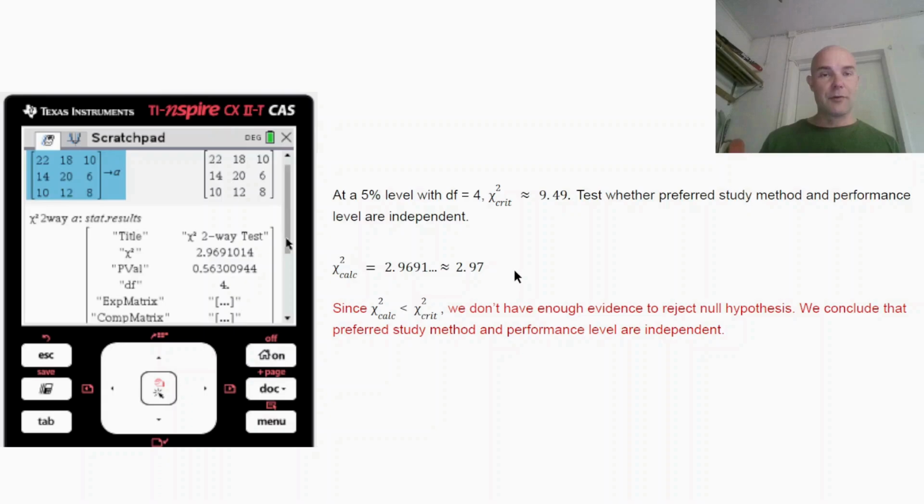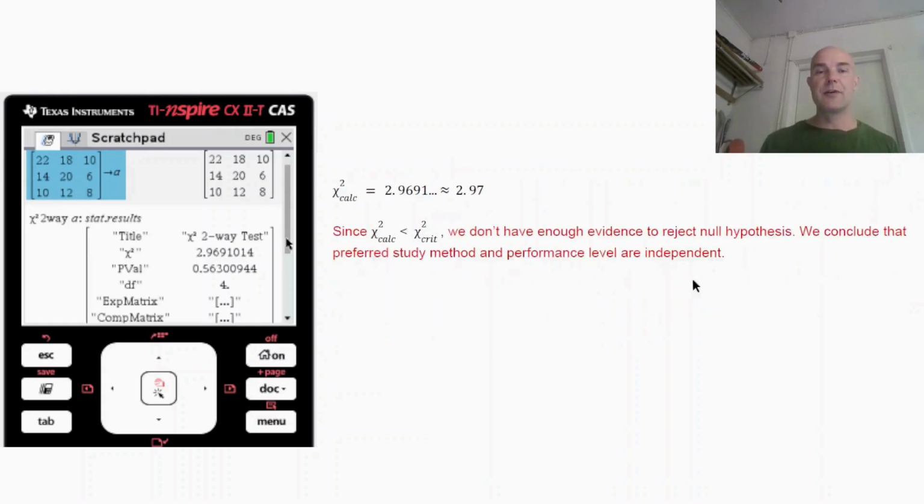And you do the comparing, and you see the calculated value is smaller than the critical value. And the way this works, the conclusion is that since the calculated value is smaller than the given critical value, we don't have enough evidence to reject the null hypothesis, and we come to the same conclusion as we would using the p-value. And you can make the conclusion using either the p-value or this chi-squared value.